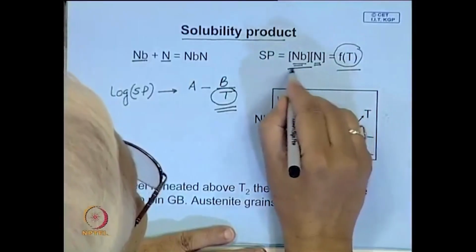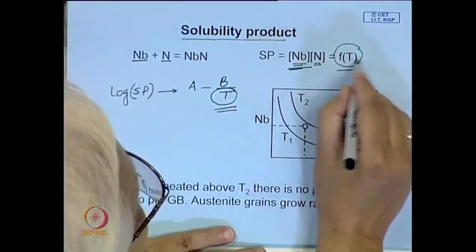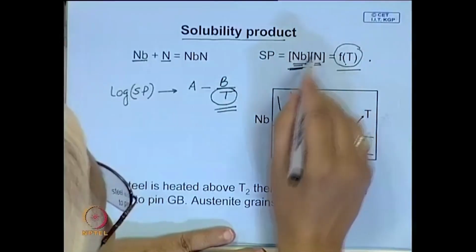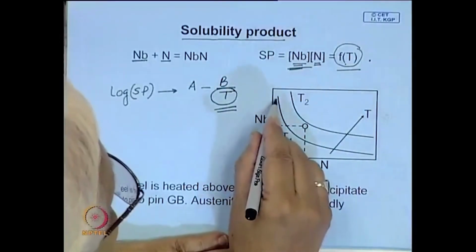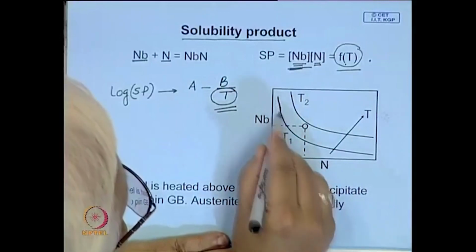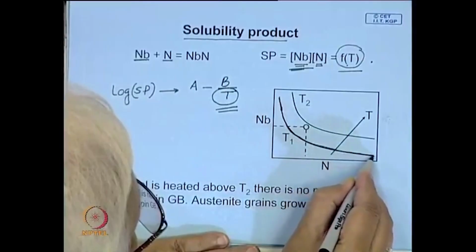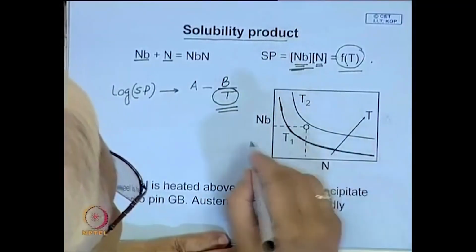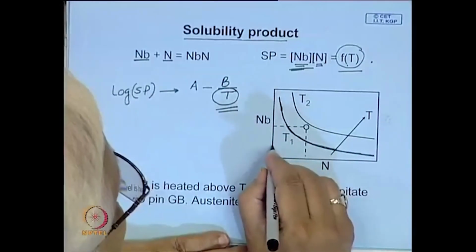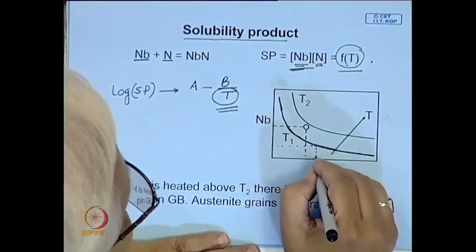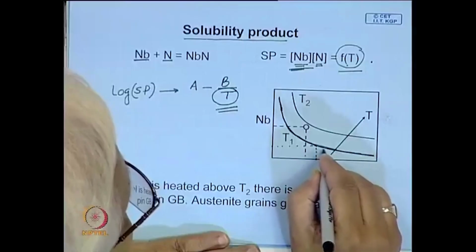If you assume that this is the solubility product at a particular temperature, it is constant, then this represents a hyperbola. So, which is shown over here, this is the solubility line, you can say. So, that means if you have this much soluble niobium, this will be in equilibrium with this much nitrogen.